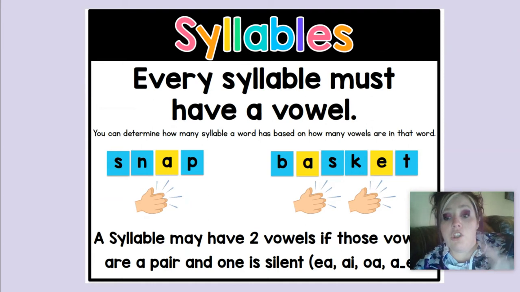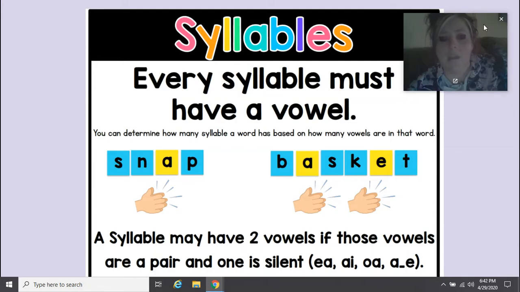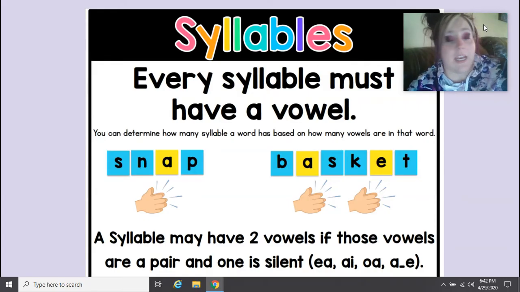Just like I talked about before, with the syllables, every syllable must have a vowel. So you can determine how many syllables a word has based on how many vowels are in that word. I'm just going to have to keep moving myself. That's okay. So a syllable may have two vowels if those vowels are a pair and one of them is silent. So I said Zeus. Zeus has one syllable.